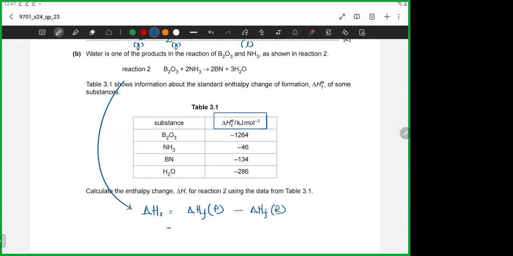You got the products, that's minus 134 times 2. You got water, which is minus 286 times 3. Minus the reactants, which are, you got minus 1264. And the other one is 2 NH3s, so that's minus 46 times 2. This all will get converted to plus, right?